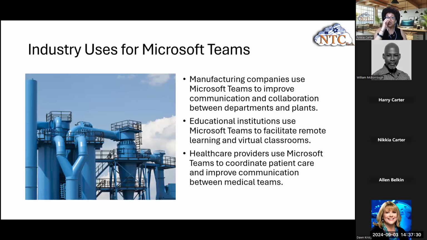So a couple of industry use cases here. Manufacturing companies can use Teams to help improve the communication between the people that are in the office and the people that are out on the floor doing the actual manufacturing of things. Like say there is a stop work for some reason.